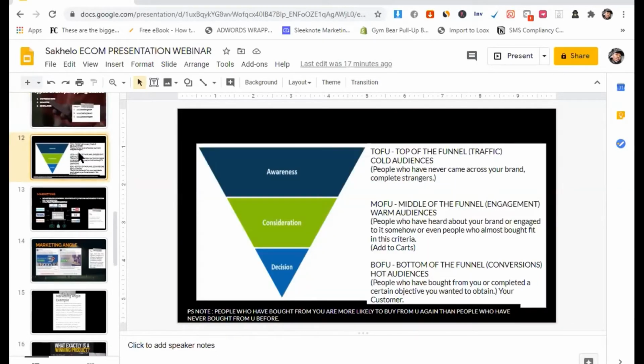This is very important. Your sales funnel is very important. You must know this off by heart. As you can see, at the top, where it's written awareness, that's called the top of the funnel. It's usually when strangers come to your website, people that have never had any contact with your brand, completely strangers, that have never heard about your brand.